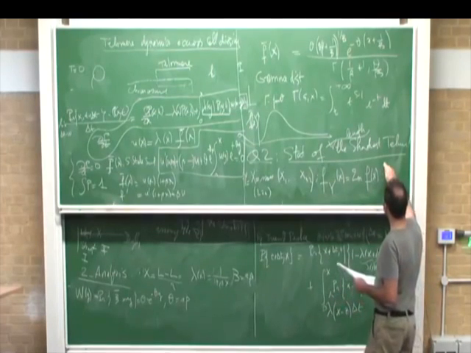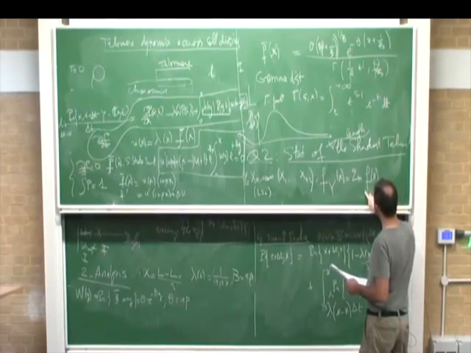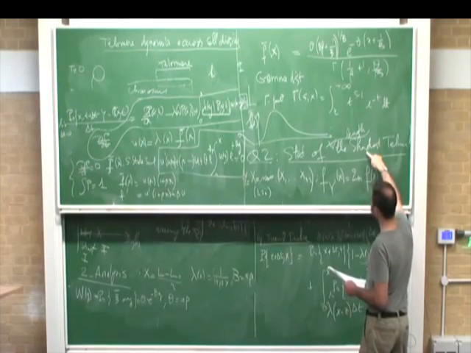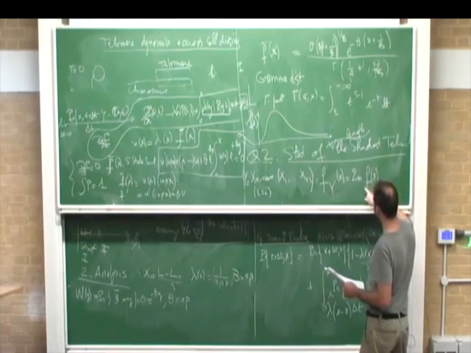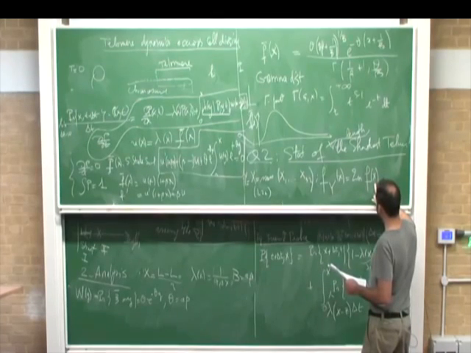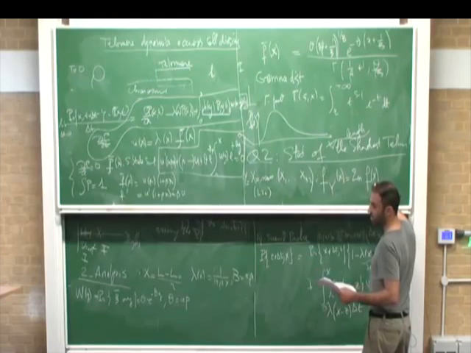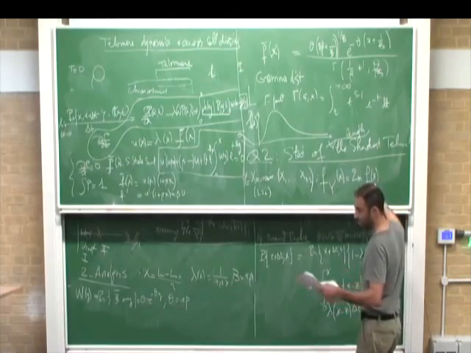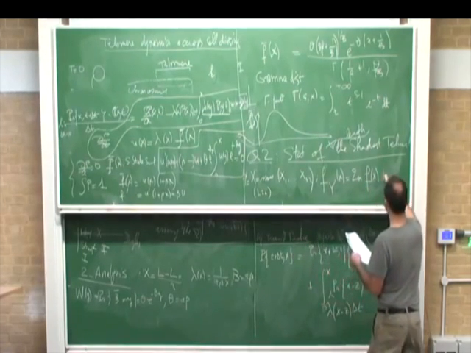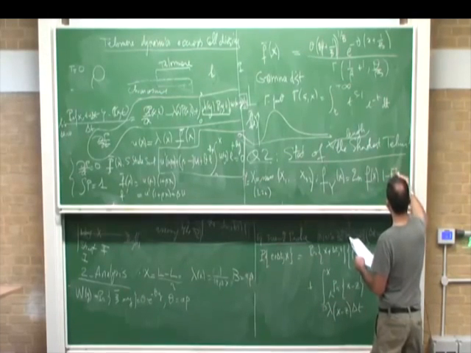If you integrate from 0 to x, this is the probability that it is less than x. So you want 1 minus this, 1 minus F of x.